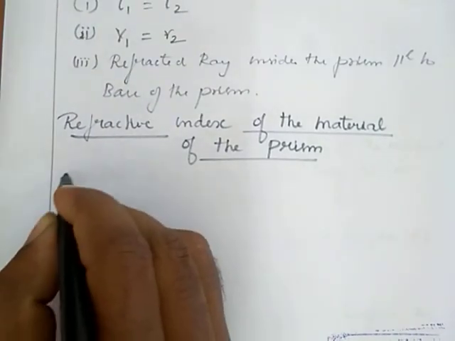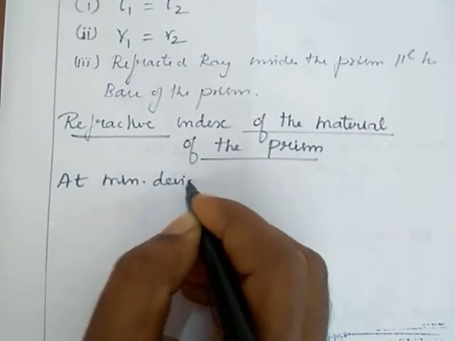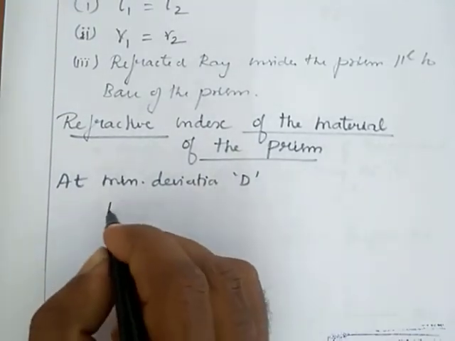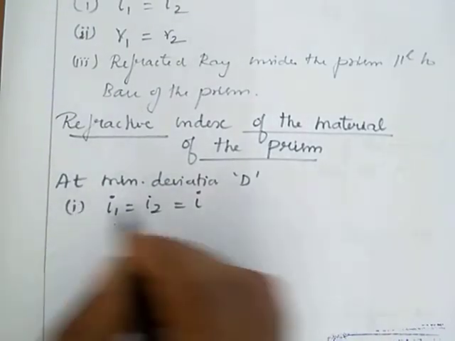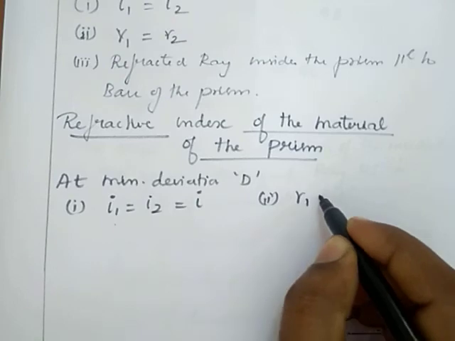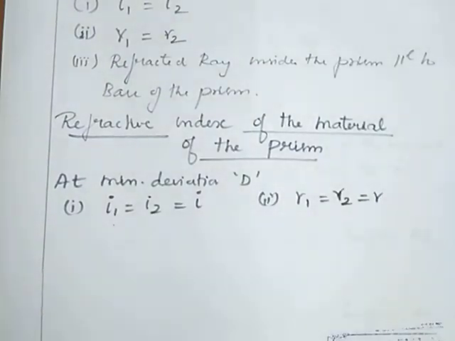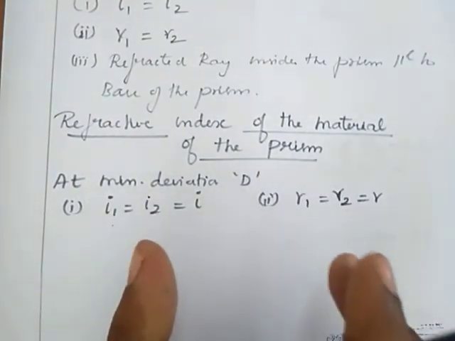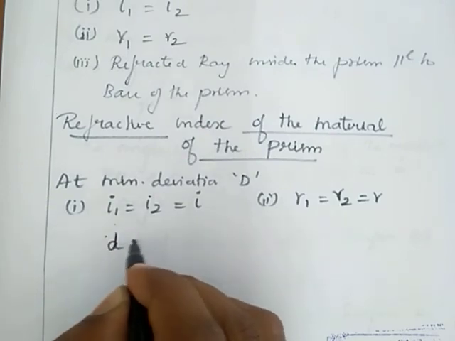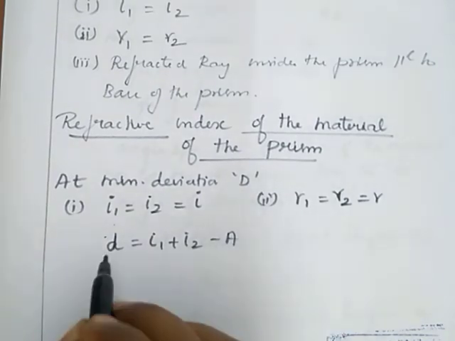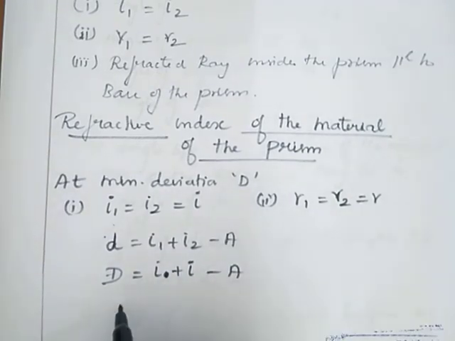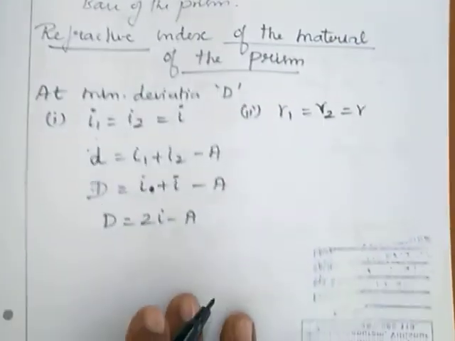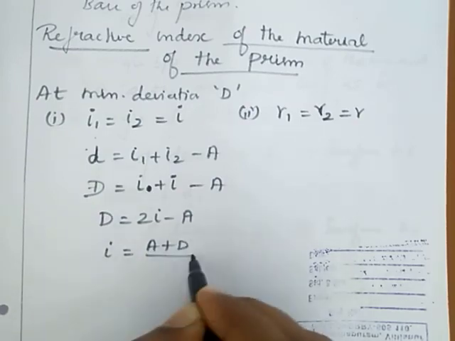We know at minimum deviation capital D, angle of incidence I1 is equal to angle of emergent, and we consider this as I. The angle of refraction in the first medium is equal to angle of incidence in the second medium, and we consider this as R. The angle of deviation D is equal to I1 plus I2 minus A. Then D is equal to I plus I minus A, so D is equal to 2I minus A. Then I is equal to A plus D by 2.